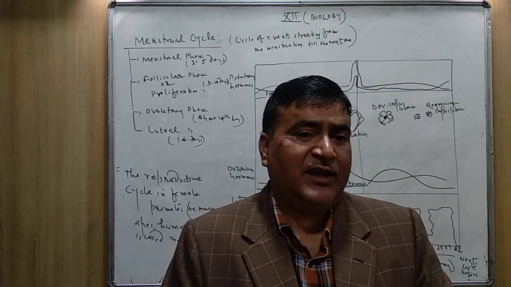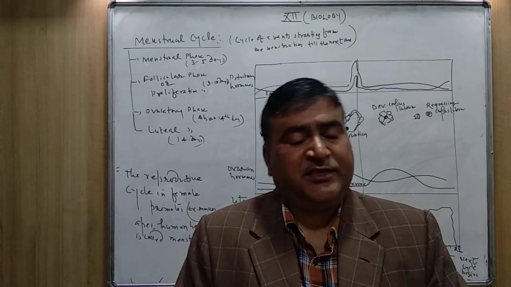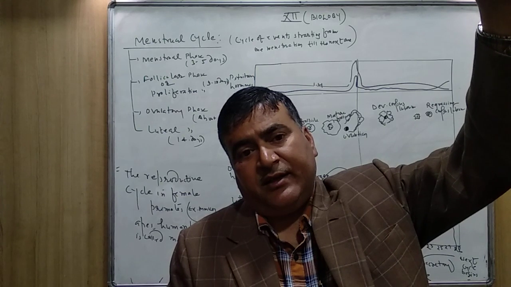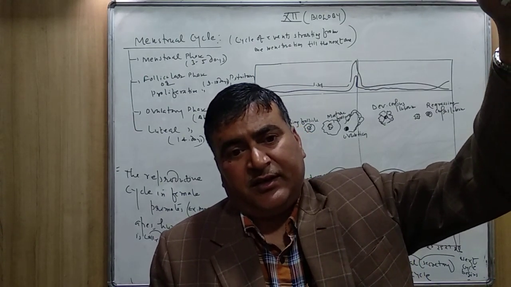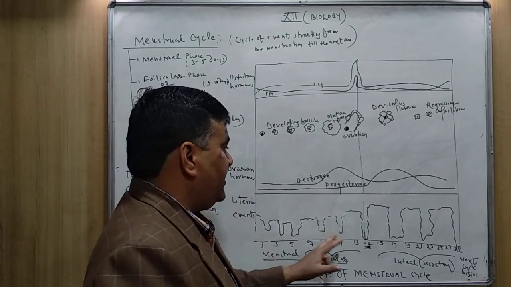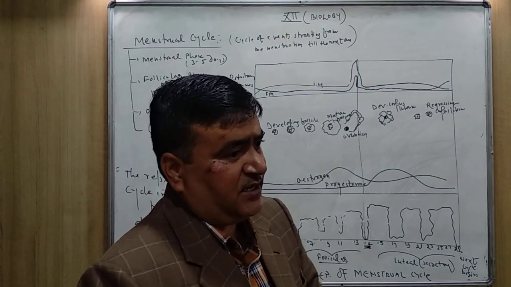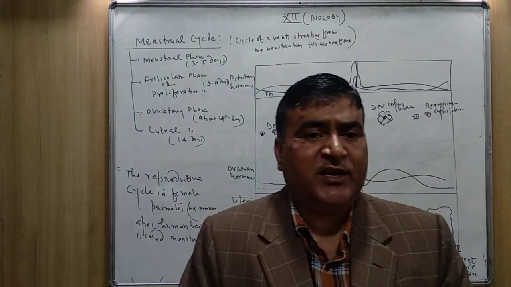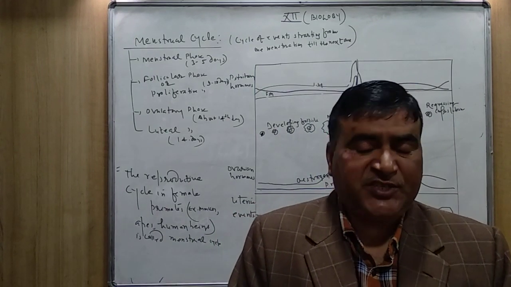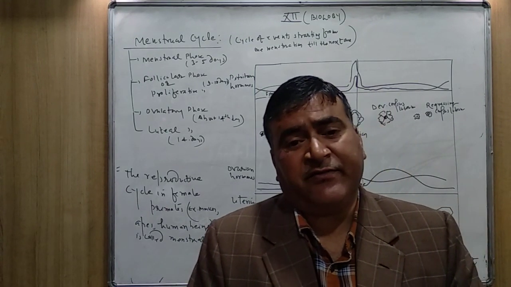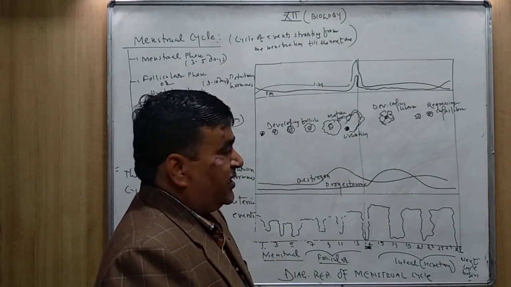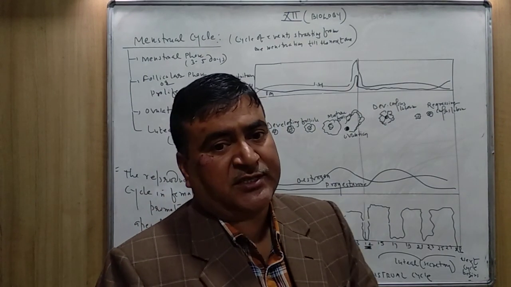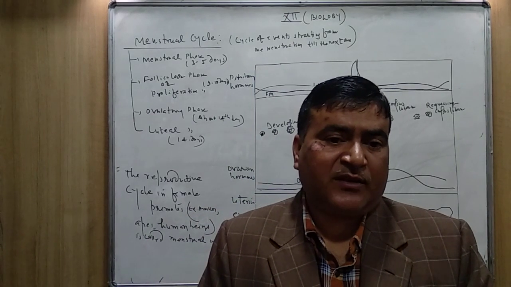It means the level of LH is at a high peak, and this LH surge is found on the 14th day of the start of the menstrual cycle, and LH hormone induces the mature follicle, or you can say the Graafian follicle, to release ovum, or you can say it helps in the process of ovulation.